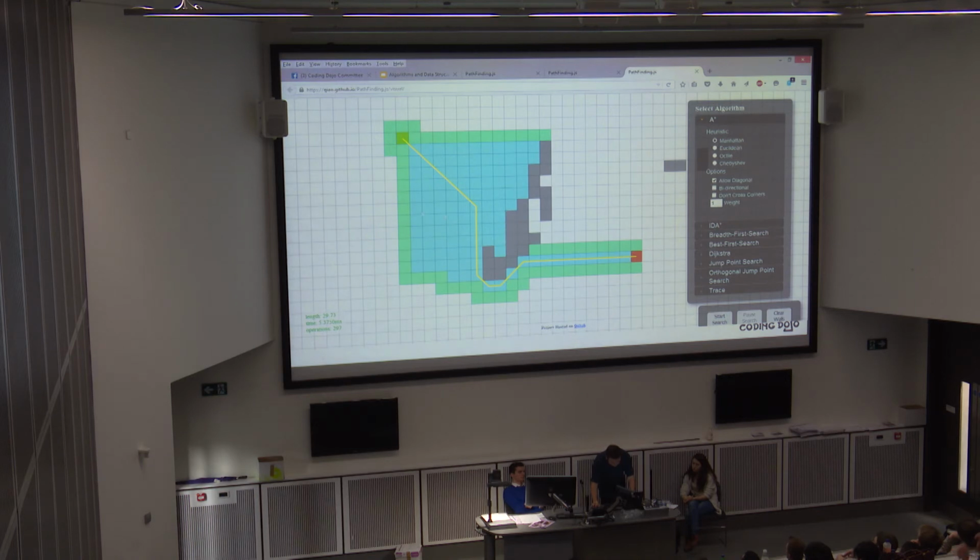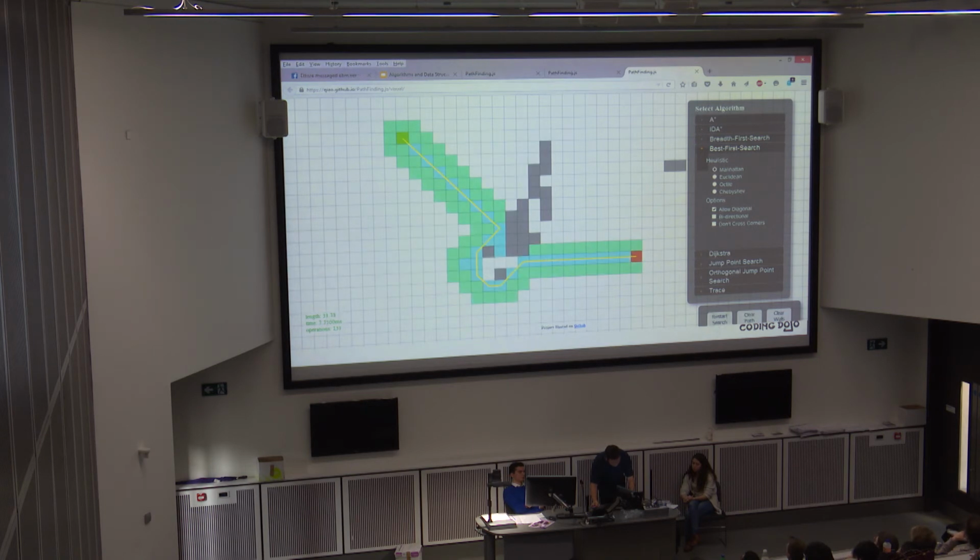So this is how my A-star looks, and this is how my best first search looks. In this case, exactly the same. Okay, as you can see, this one goes above.